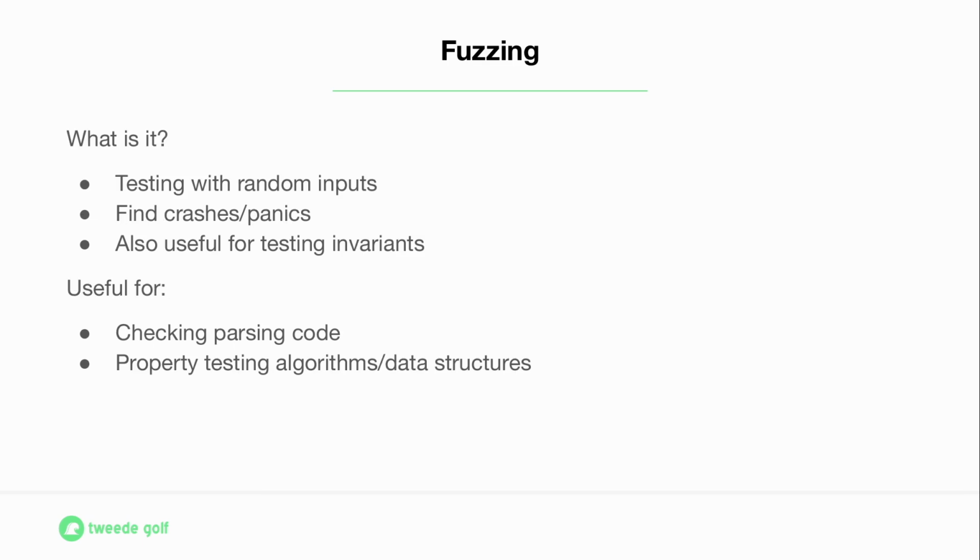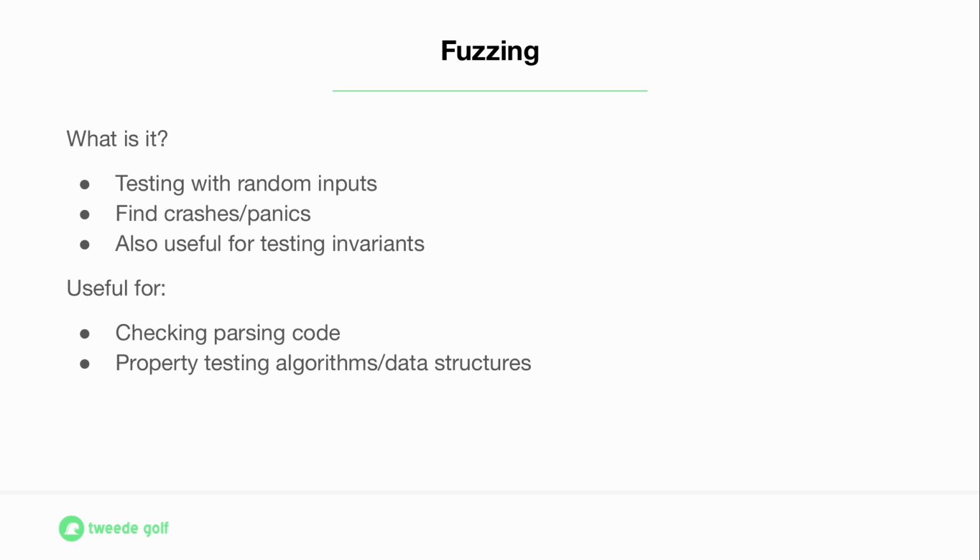So what is fuzzing? At its most reductive, simplest, fuzzing is basically testing your code with random inputs. We just throw random stuff at it and see what it does. Typically, the way people know this, it's used to find crashes and memory safety bugs. Well, not so much in Rust, but if you use unsafe code, you can still find them this way.